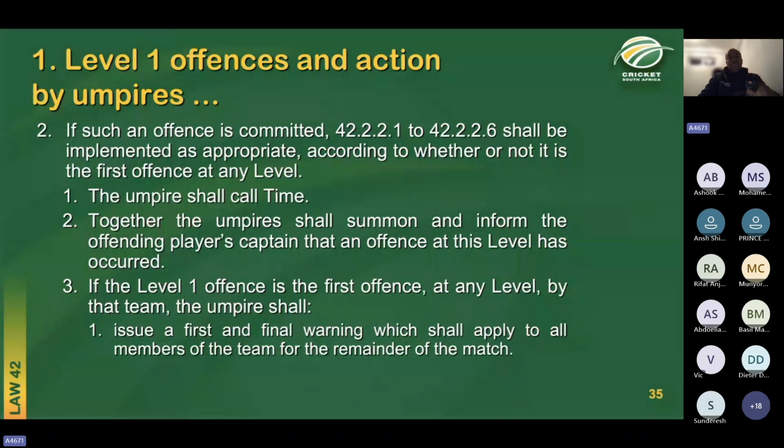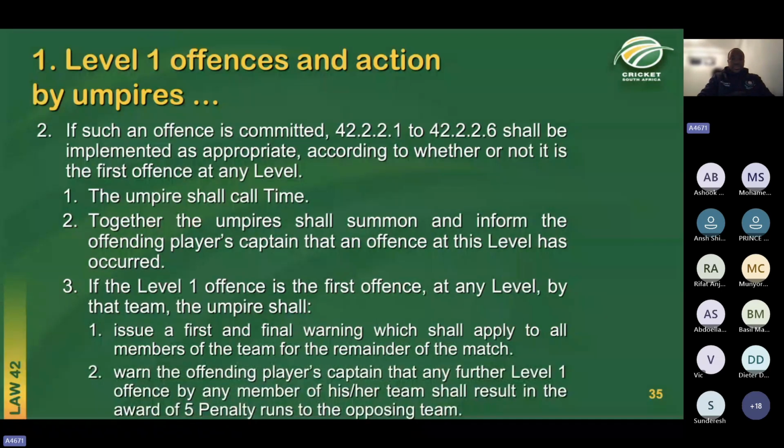Okay, so for a repeat or any other level 1 offense, we're not going to keep warning them for different level 1 offenses. We will see now what the law tells us to do if there is another level 1 offense committed in the same match.